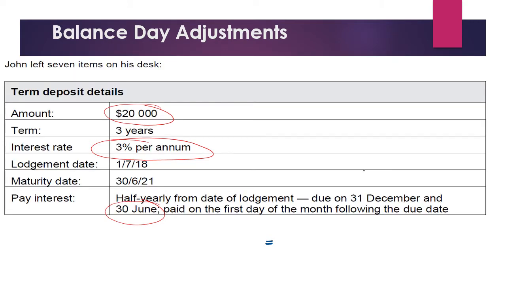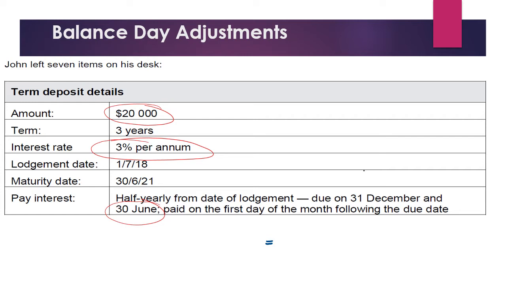So if we look at balance day adjustments, as I said, the textbook normally just gives it to you in a sentence. What they've done here is trying to make it more difficult or mix it up a bit. If we look at the first one, they basically said we have a term deposit, $20,000, 3% interest per annum. More importantly, we know the financial year ends the 30th of June.